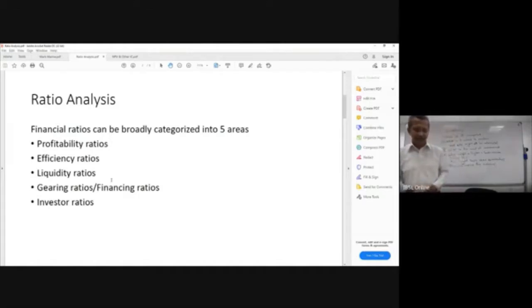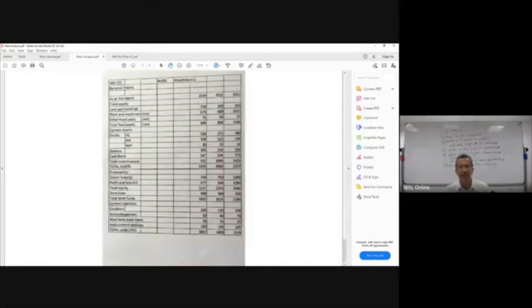I think we'll start calculating these ratios after the break. So we'll take the break a little early, and again, be ready to help me with the calculations. There are 3 years given, I think: 2010, 11, and 12. That is the balance sheet.